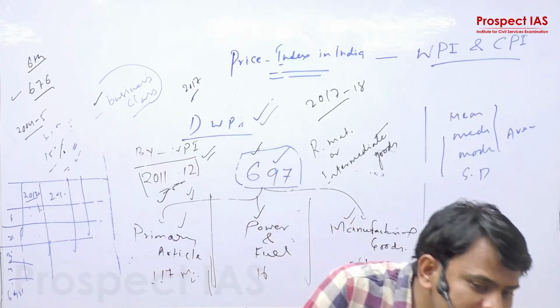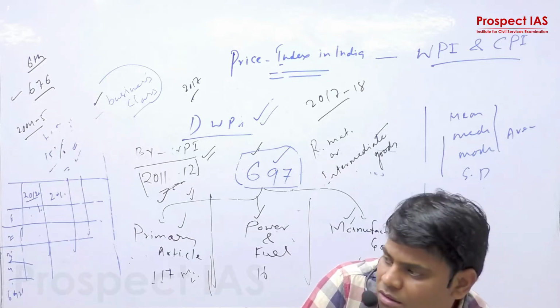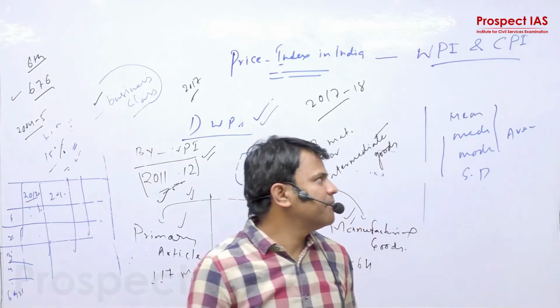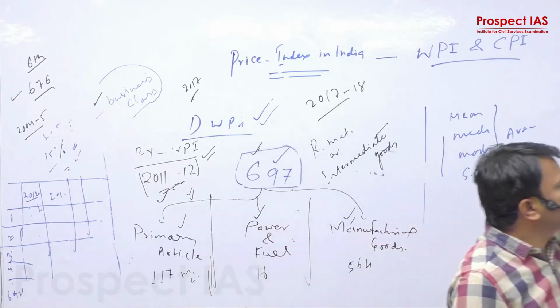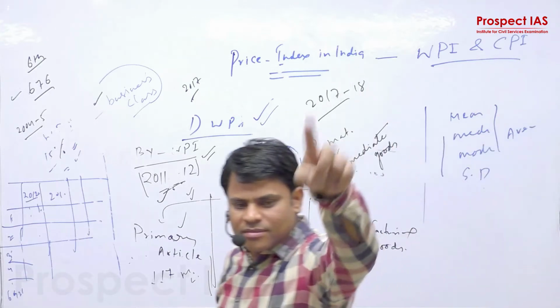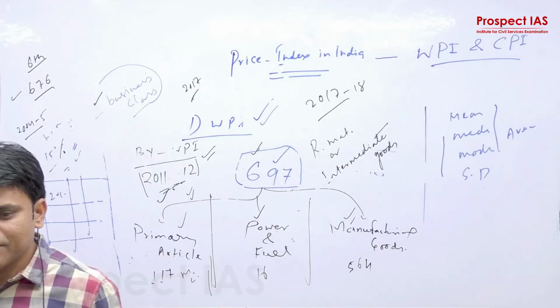Which goods? Manufacturing goods could be raw material. Like look at this one. This is a manufacturing item but not the final product. है ना.